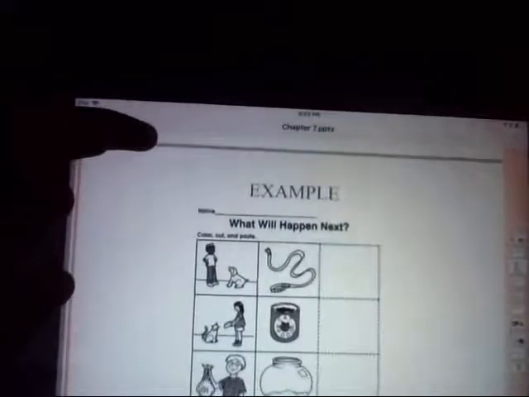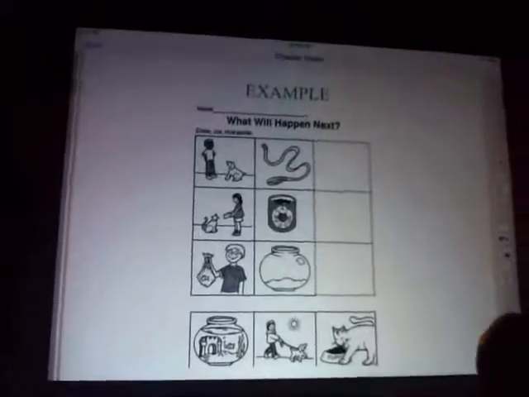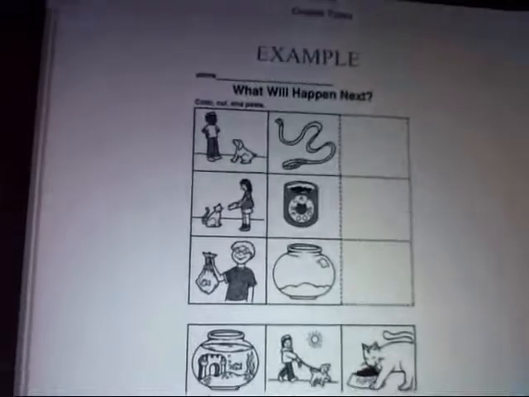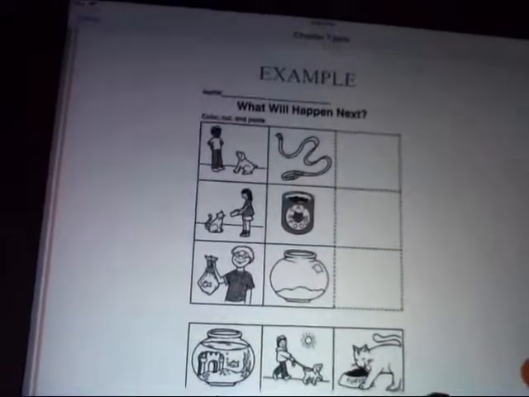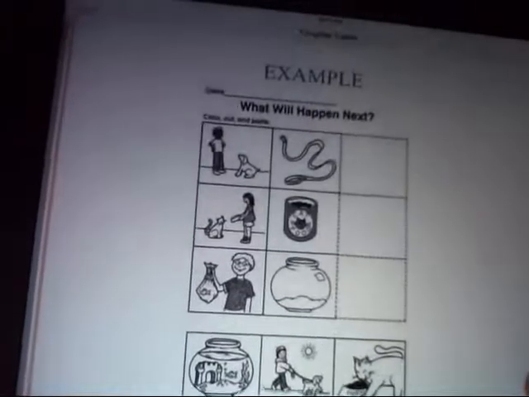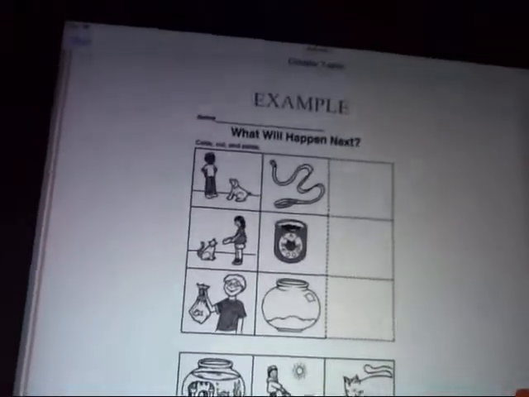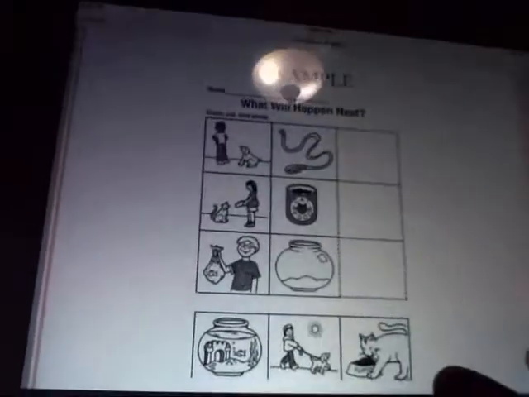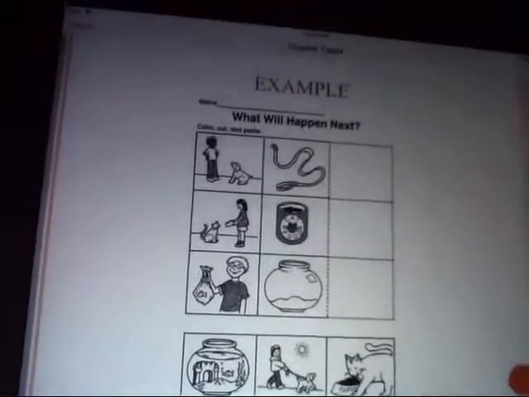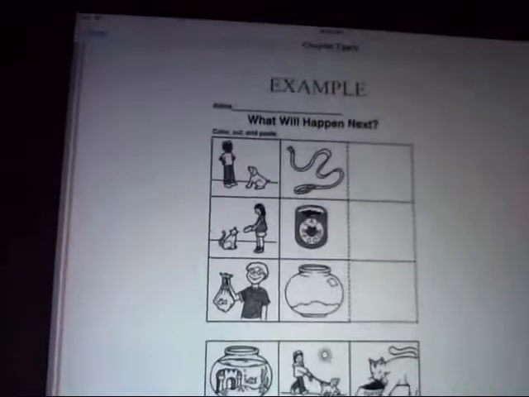So I would give you an example. This is a great example for any grade level because what you do is you paste what happens, right? But if the student doesn't know how to write, you could just tell them, okay, can you tell me the story of what happened? And the evidence is the pictures.